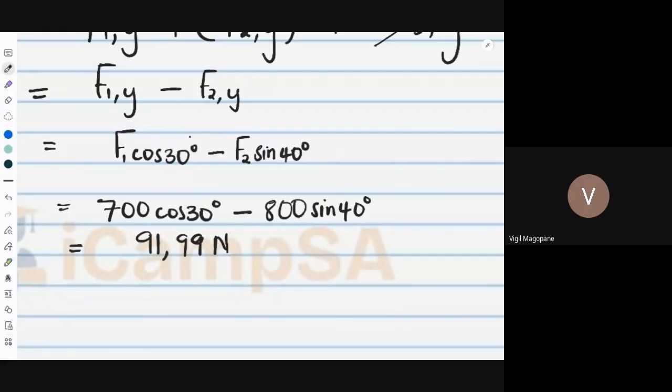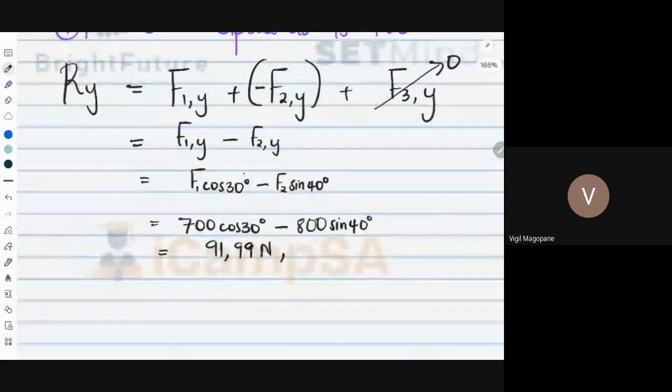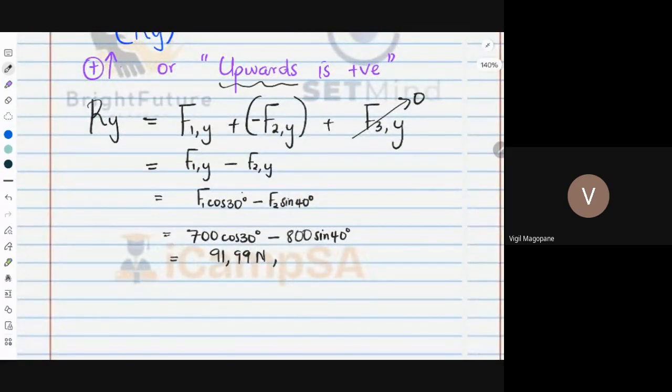There's actually a case where an engineer at NASA cost them around, I can't remember the exact figure, but it was in the hundreds of millions of dollars, all because he forgot to mention units. So it's a huge deal. That's why they penalize you when you forget units. So since our answer is positive, it means this thing has to be going upwards.